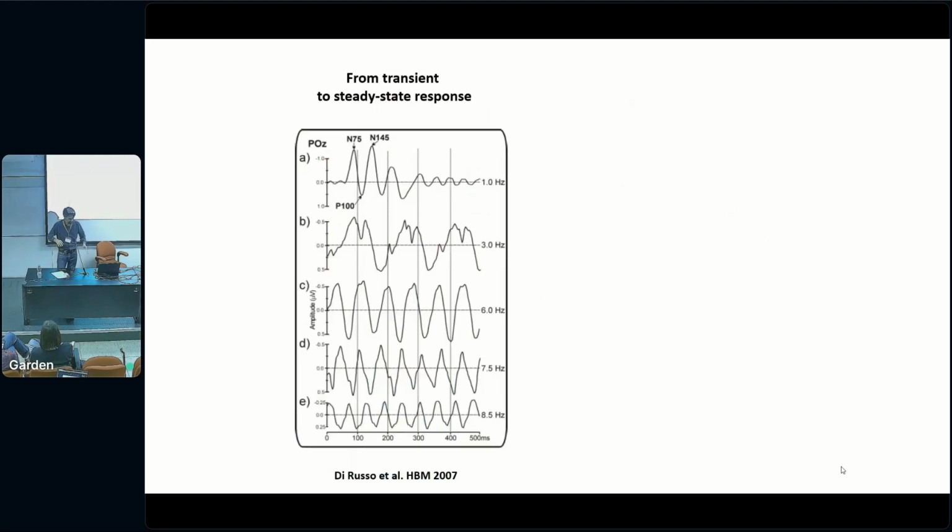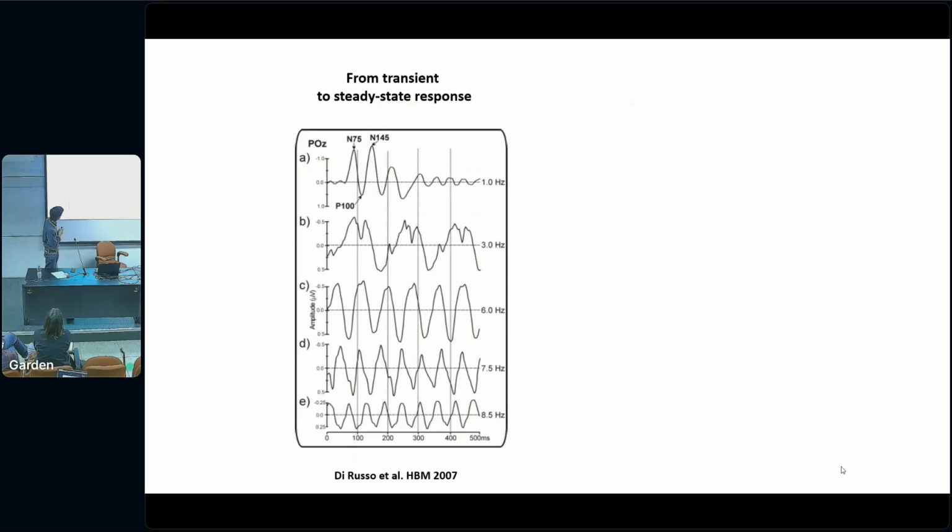Before going on, just a very brief historical recall on steady state evoked potentials, as they have been called for years. I will explain why. This is an old study showing reversing checkerboards to adult subjects with different frequencies.